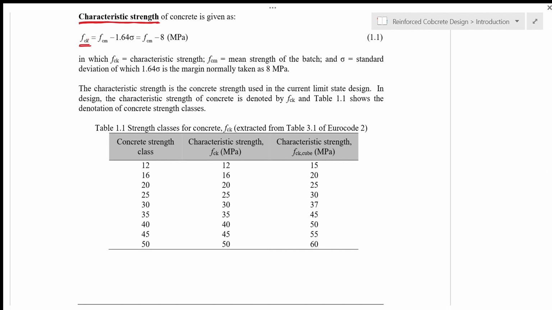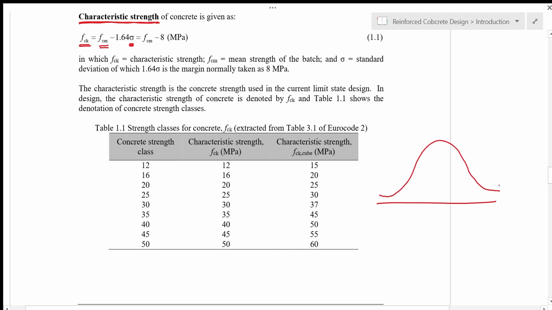Characteristic strength FCK is equal to the mean strength of the concrete FCM minus 1.64 times standard deviation sigma. Normally 1.64 times standard deviation is taken as 8 megapascal for simplification's sake.